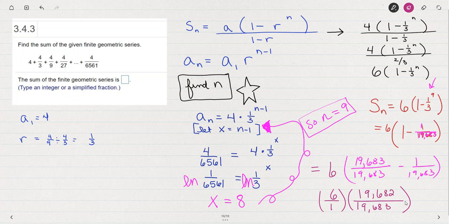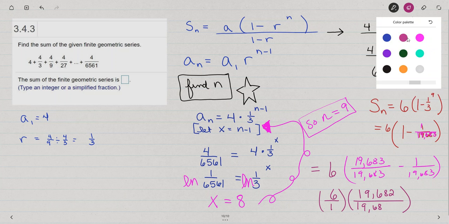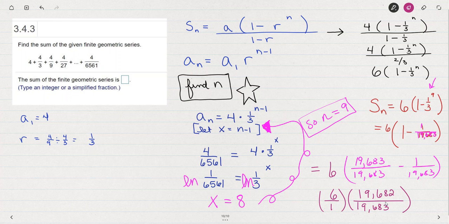We just have to see if this doesn't reduce in some way. And that 6 can be divided by 2 or 3, and I can see, let me make this 3 a little more clear. I can see, since this is a 3, it's odd. I know I can't divide by 2, but let's check if I can divide by 3, because 6 is equal to 3 times 2, right?